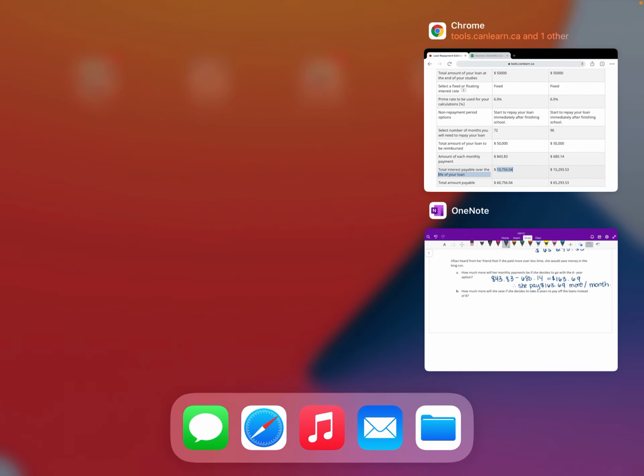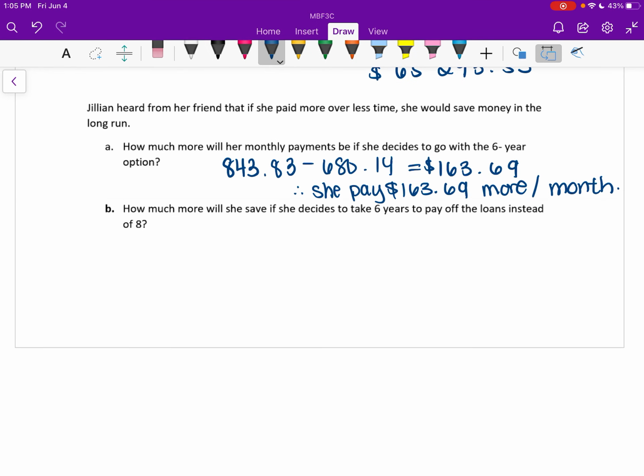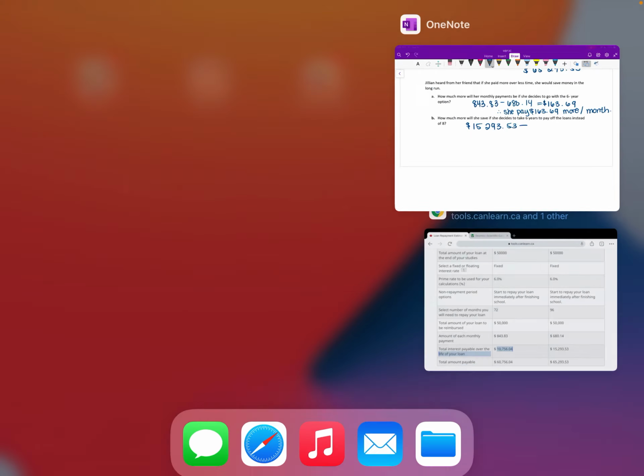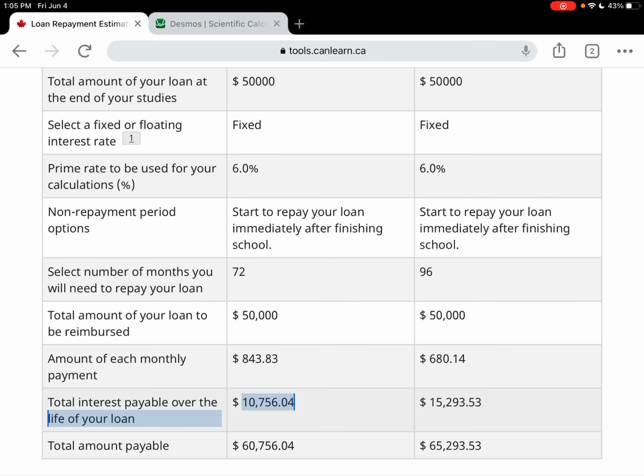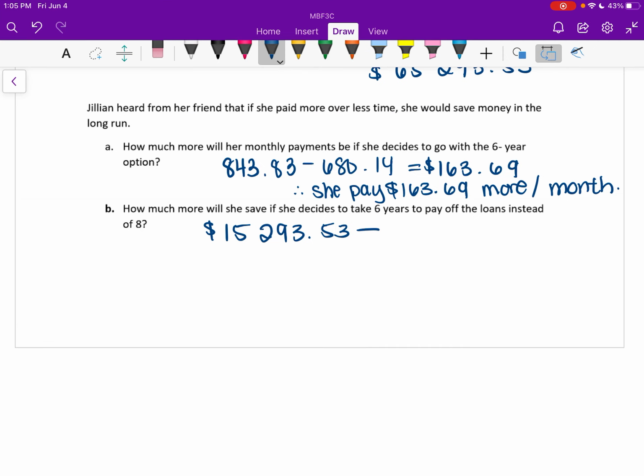So let's go through and say, okay, if she went from paying $15,293.53 in interest minus $10,759.04. I'm just going to put that into my calculator and write it in here.